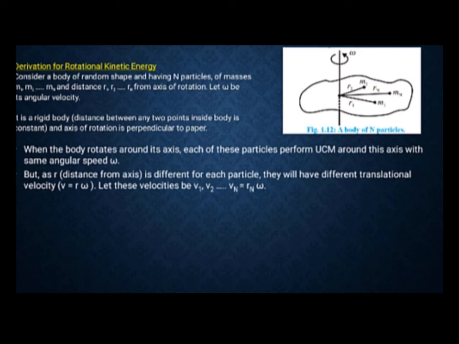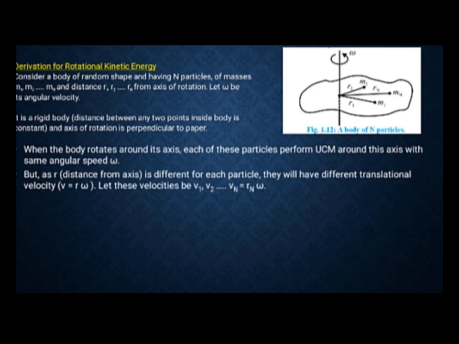But as r, the distance from the axis, is different for each particle, they will have different translational velocity, and the formula is v is equal to r omega. Let these velocities be v1, v2, vn is equal to rn omega.